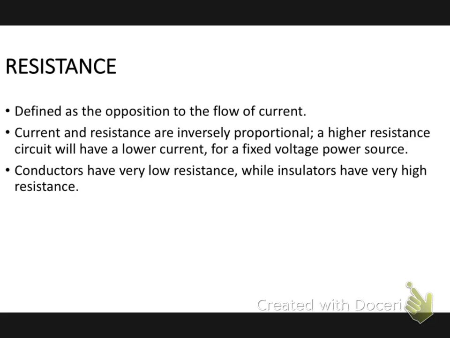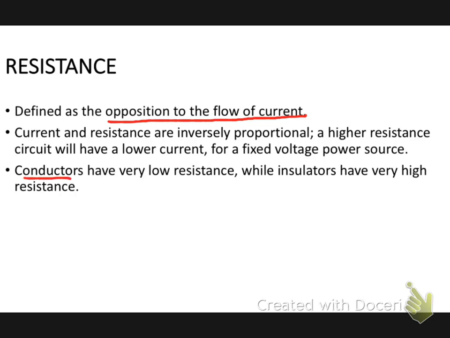Okay, the other property we want to look at is resistance. Resistance is the opposition to the flow of current, and we're going to do a lesson on Ohm's law shortly and explain this a little more. So we'll see current and resistance are inversely proportional.